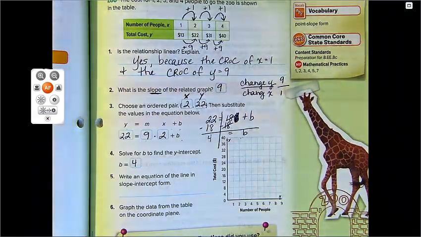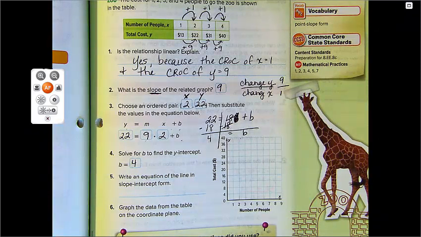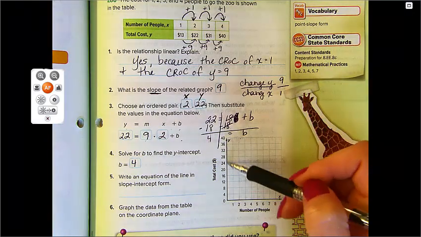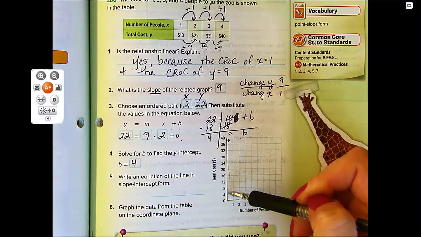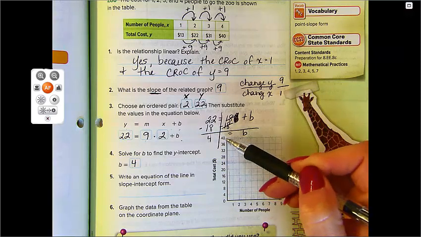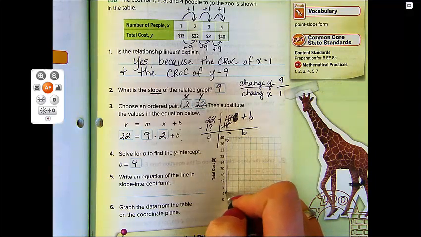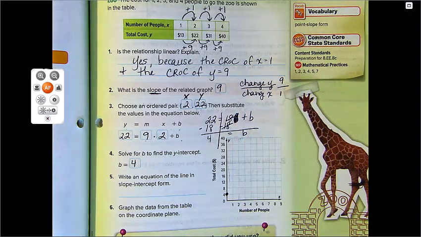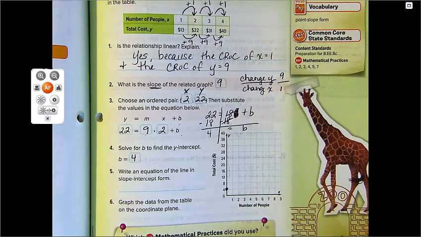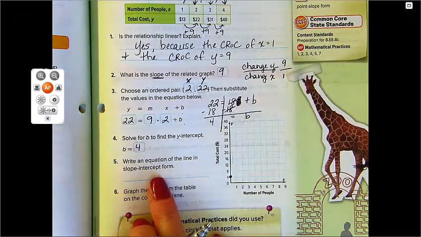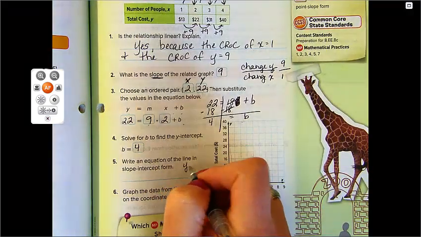Hopefully you remember that b stands for y-intercept, which means where it's going to cross the y-axis. And remember, y touches the sky, so it's going to cross the y-axis at 4. So at 4 I can go ahead and put a dot there. Now I want to write an equation of the line in slope-intercept form. Well, slope-intercept form is y = mx + b.